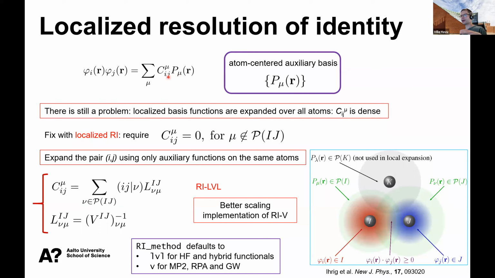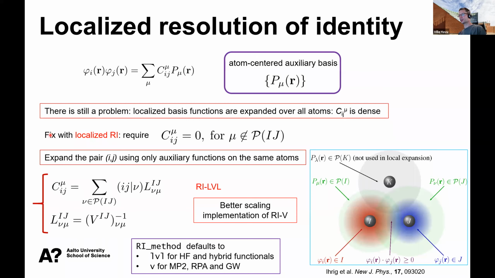So basically, the expansion here takes two localized functions, phi i and phi j, their product, and spreads it all over the system. There is no way of telling it, with the basic algorithm, to not spread it far out, which makes the C_ij^mu then dense.